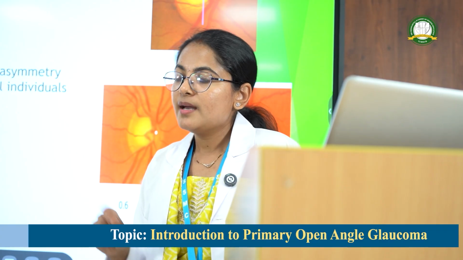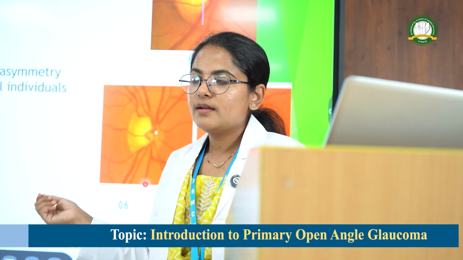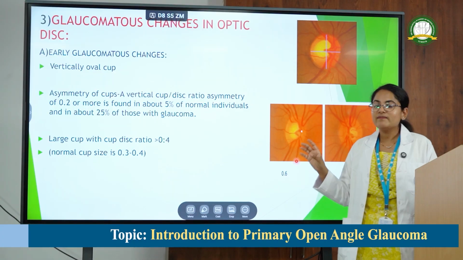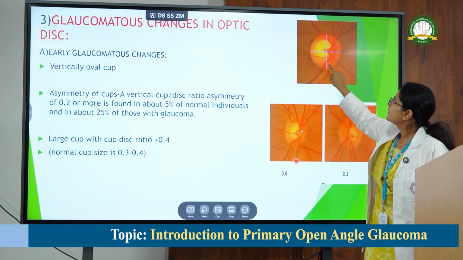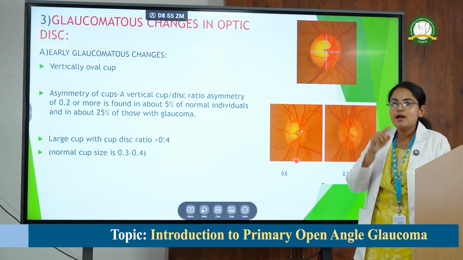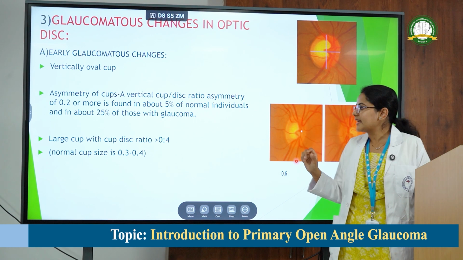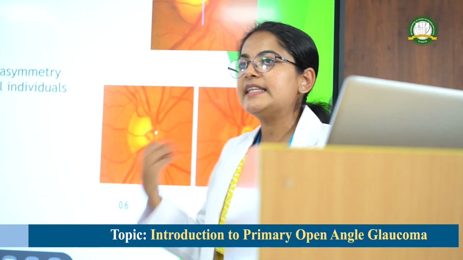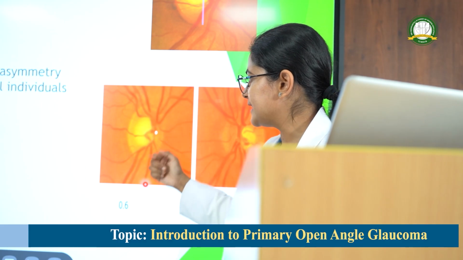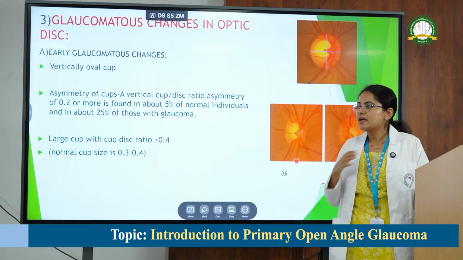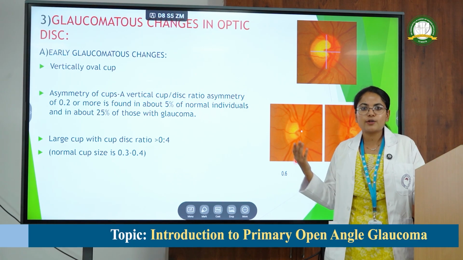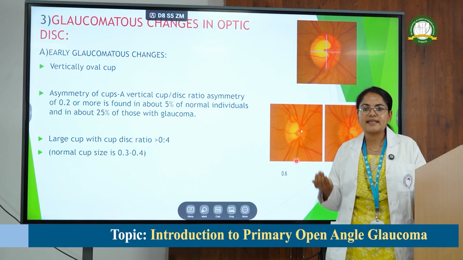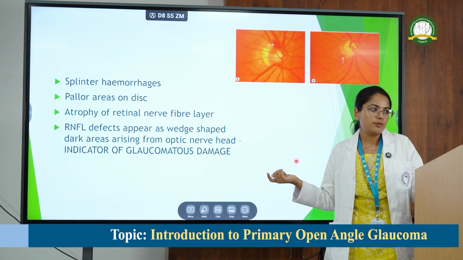Now you can ask me, ma'am, if 0.5 is normal, I will say 0.5 cup disc ratio is normal when there is no retinal rim thinning. If my NRR is healthy, then I can say my cup disc ratio of 0.5 is normal without any other glaucomatous changes like nasalization of vessels or lamina cribrosa sign. No finding should be there. Then I can say 0.5 is normal. If any thinning is there, either inferiorly or superiorly, then I can say the patient might go into glaucoma.